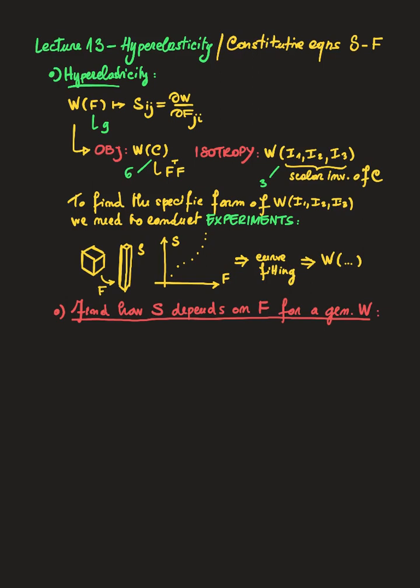Well, it can't be fiber reinforced, by the way, because we're talking about isotropic materials, so fibers are discarded. However, if we have to model any isotropic material, we have to know how S depends on F. And this is the thing I want to do now.